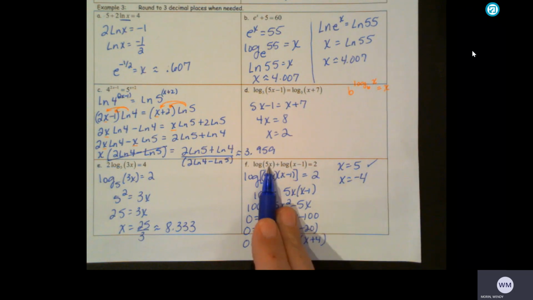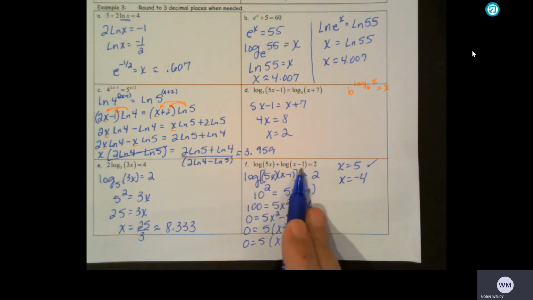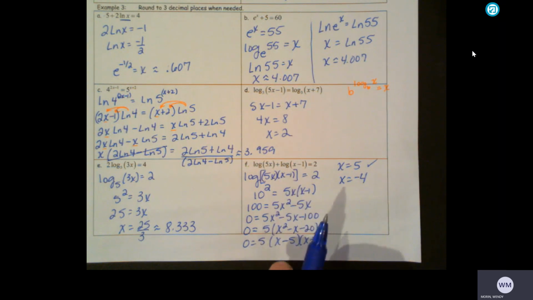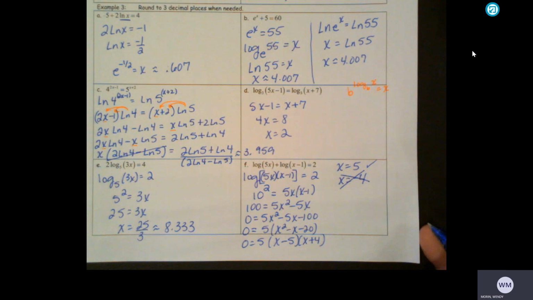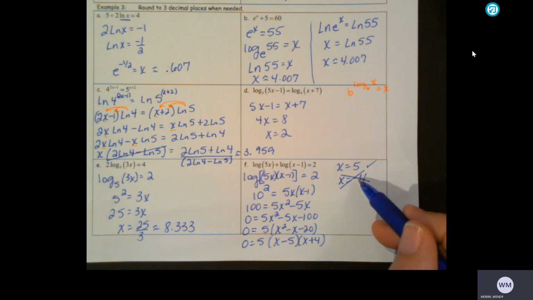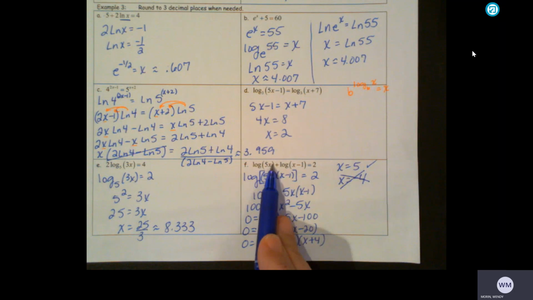Plugging in negative 4, I'm taking the log of negative 20. It's not possible. Plug in negative 4 here. I'm taking the log of negative 5. That is not possible. So I'm crossing this answer off because it's extraneous. That means it's an extra answer. I'm crossing it off because it makes my argument negative.